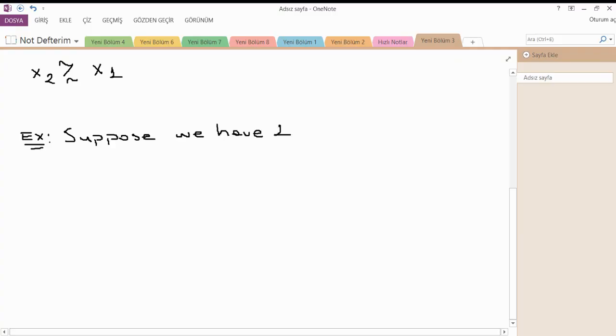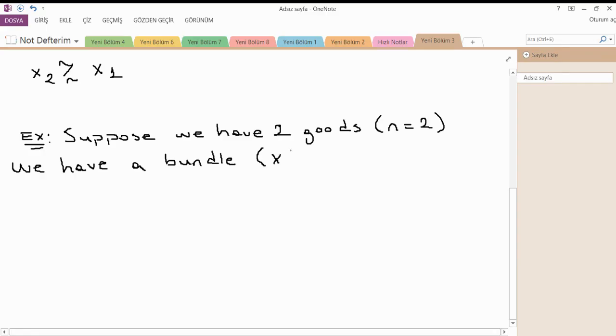This is 2, by the way. So here our n is 2 in our example. And we have a bundle here, and our bundle consists of X star, Y star, okay?